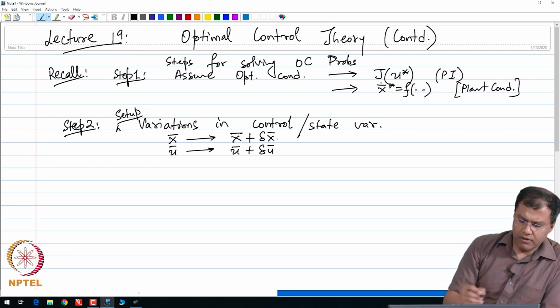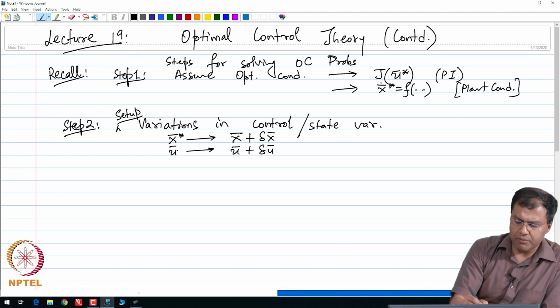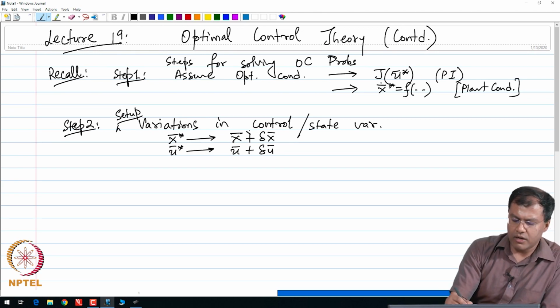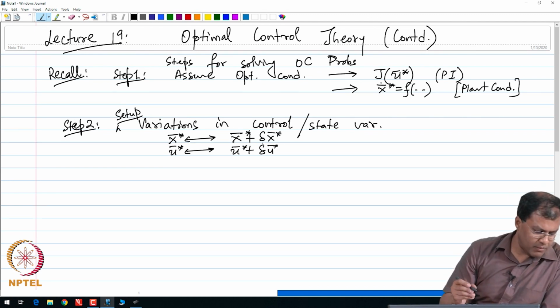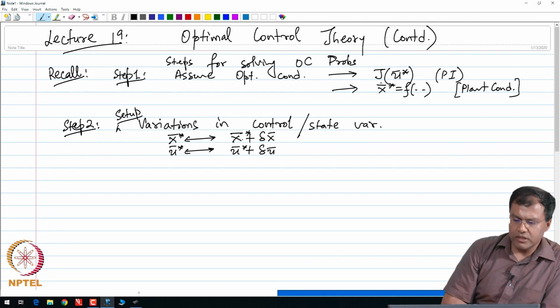We are writing it in optimal conditions, so let me denote with a star everywhere. We are perturbing at the optimal conditions. The star is the original value.